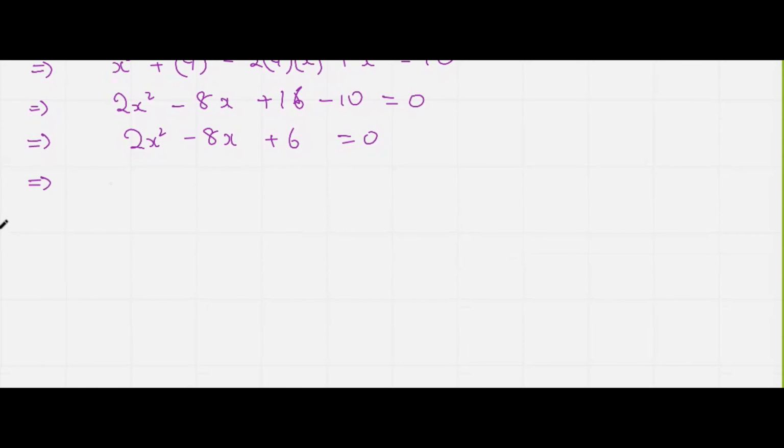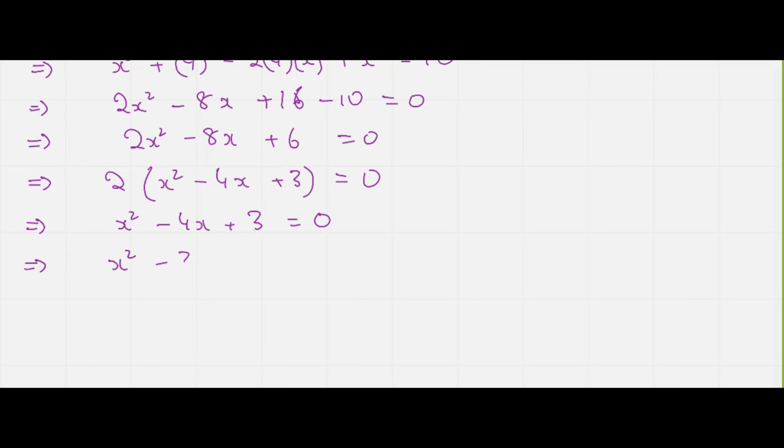So take it out. The highest common factor is 2. So now it is getting a bit simplified. You shift this 2 on the other side, gets vanished. Now you're having a simplified quadratic equation involving x variable. You're going to factorize it now.